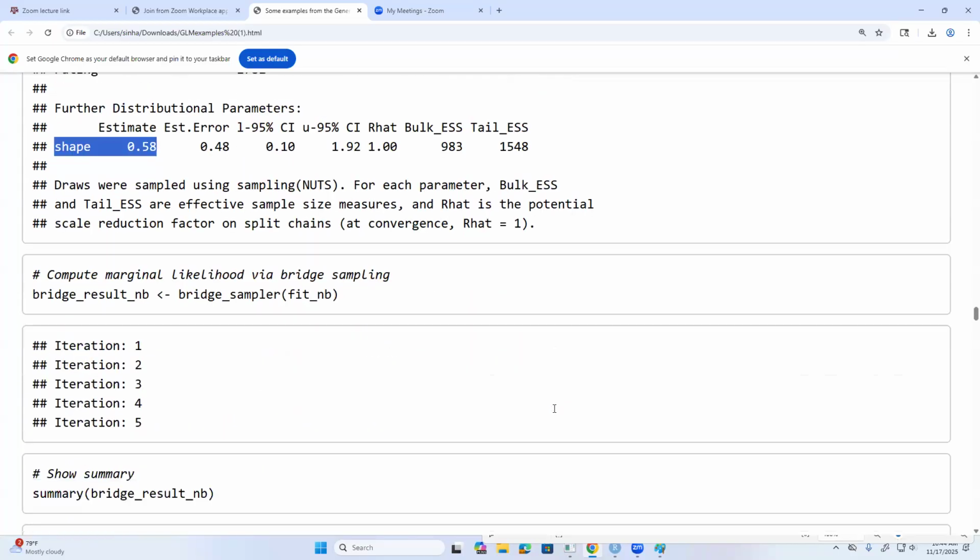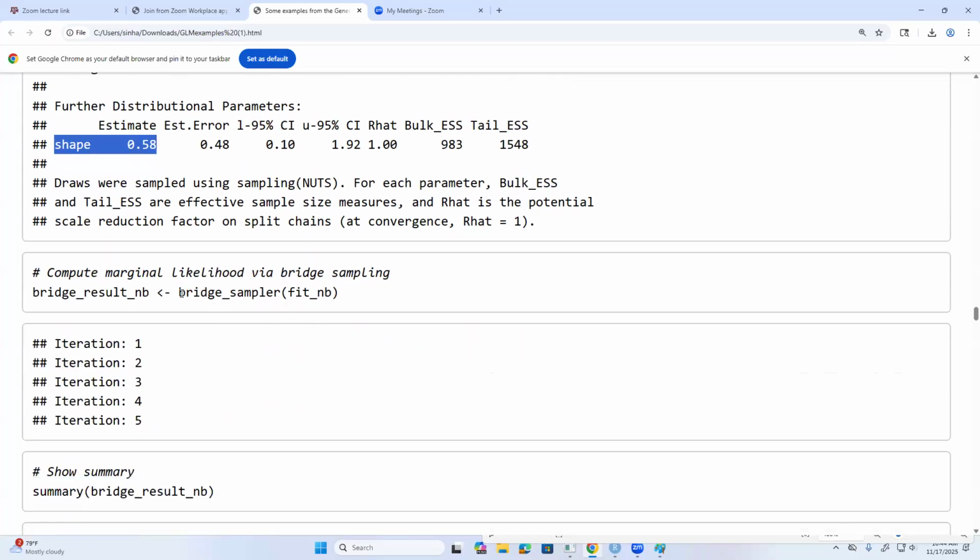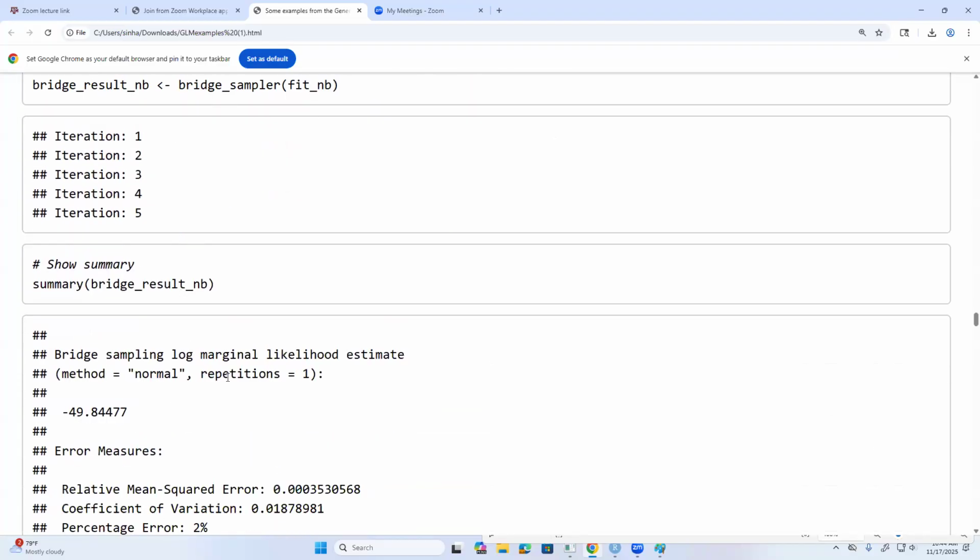All right, so let us look at the marginal likelihood under this model. The marginal log likelihood is minus 49.84, which is again much larger than the zero inflated model. For the zero inflated model, it was about minus 54.